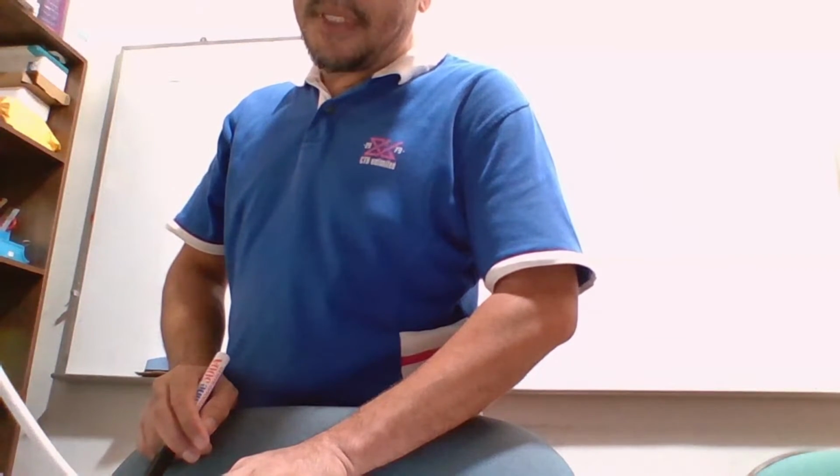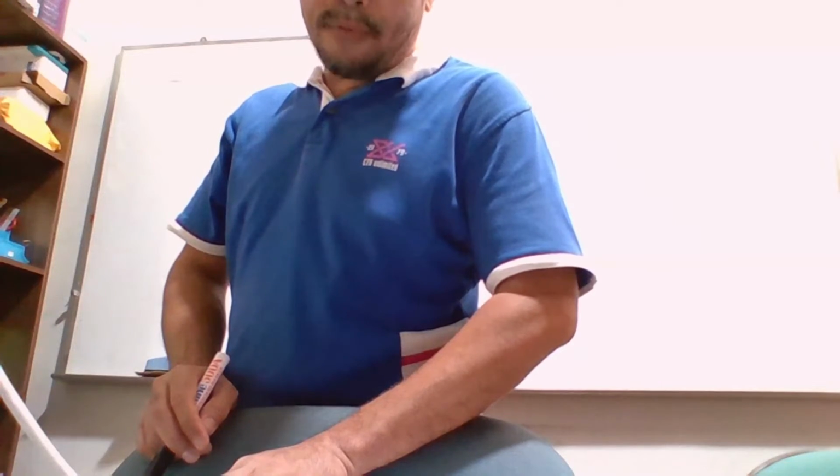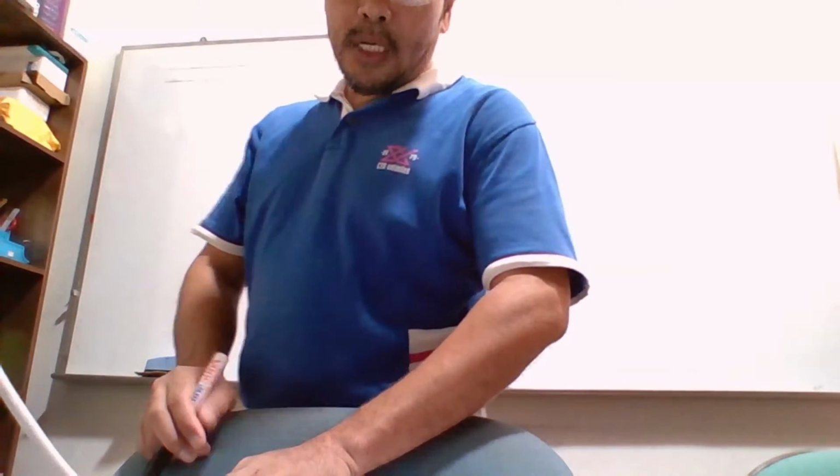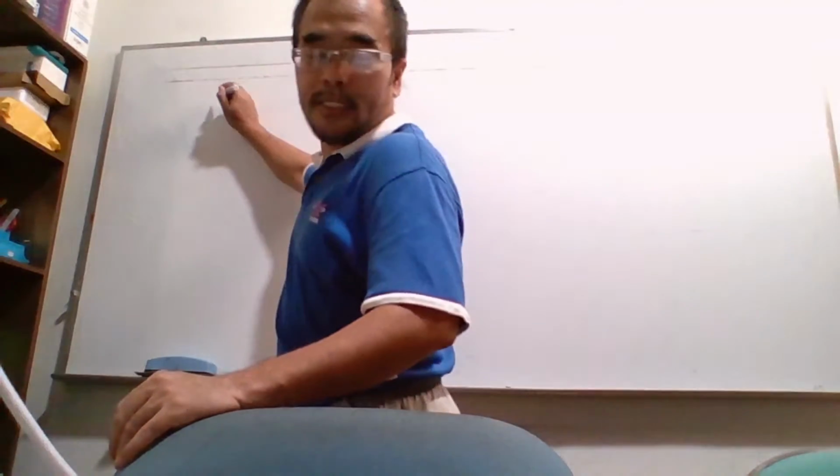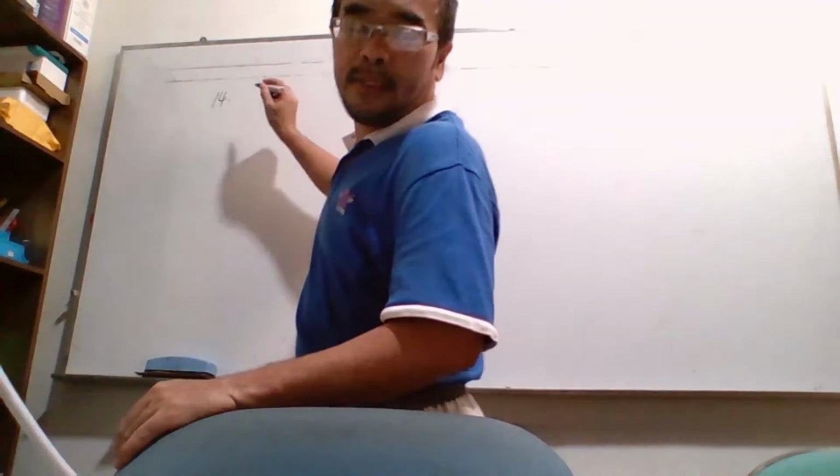If RN is x and MP equals y, express y in terms of x. So we have the triangle. This is question number 14.